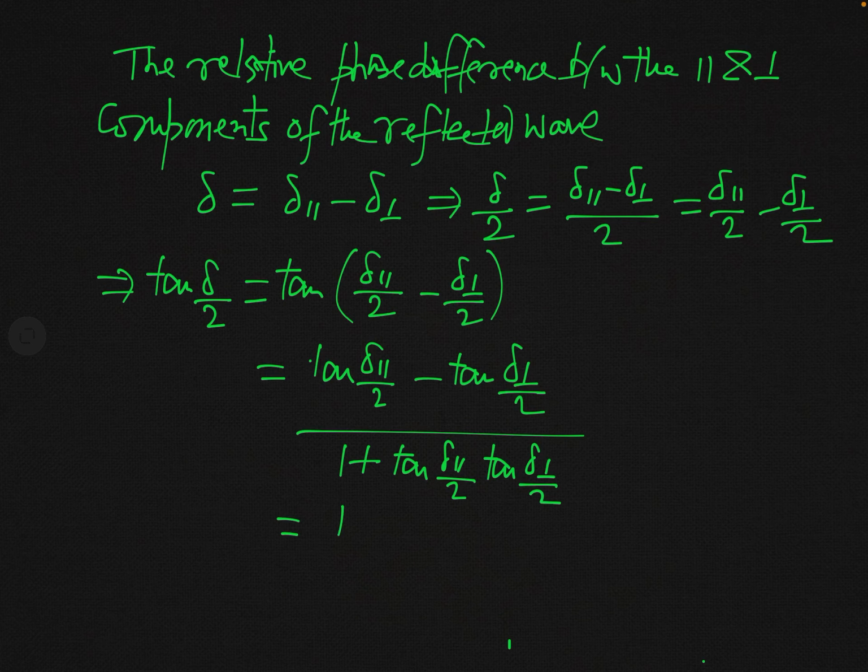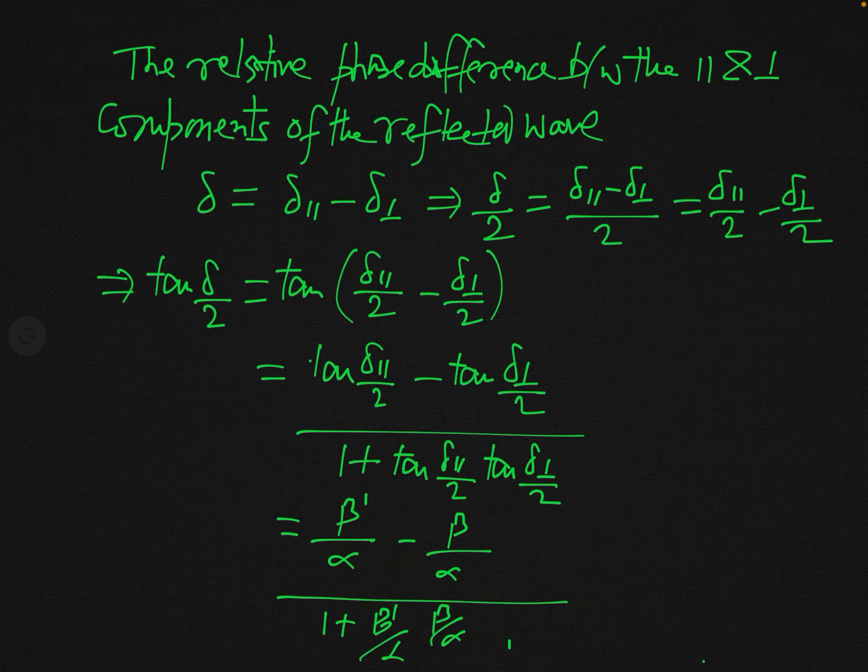Now from the above result, tan delta parallel by 2 is actually beta prime by alpha, and tan delta perpendicular by 2 is beta by alpha. So you can write this as beta prime by alpha minus beta by alpha, over 1 plus beta prime by alpha into beta by alpha.